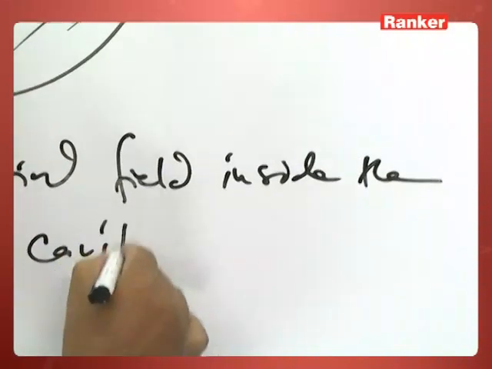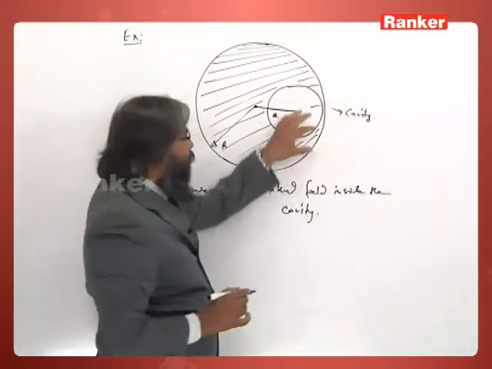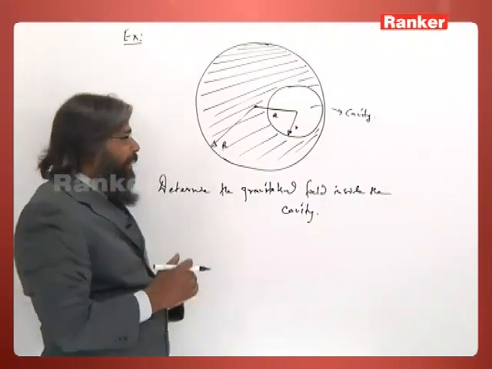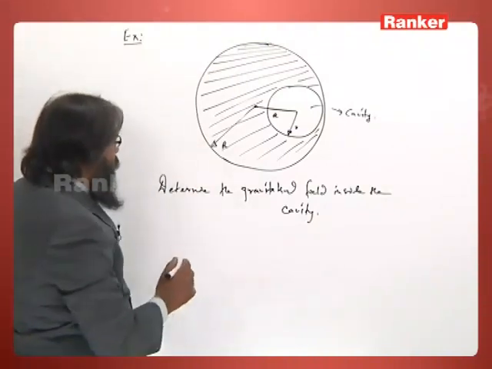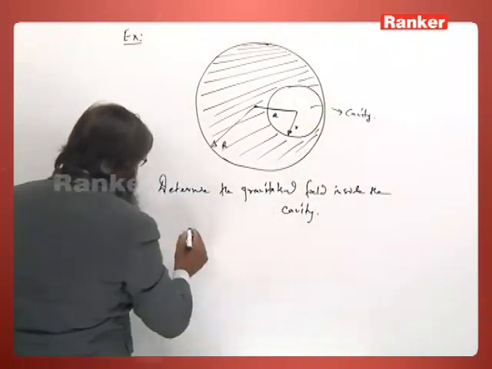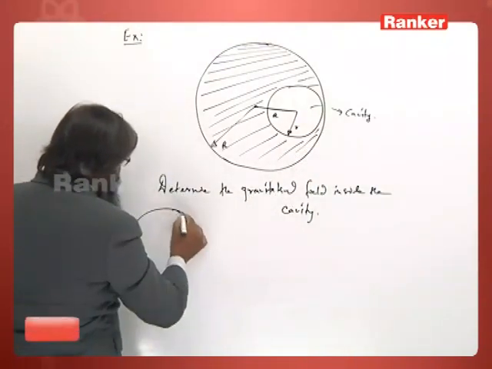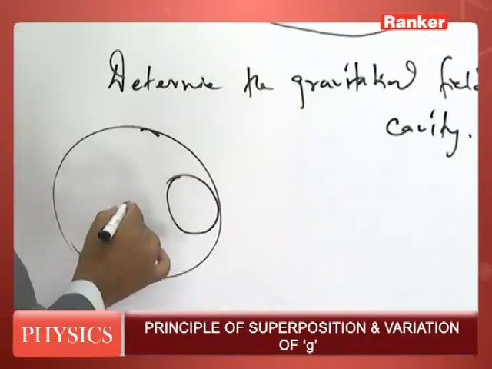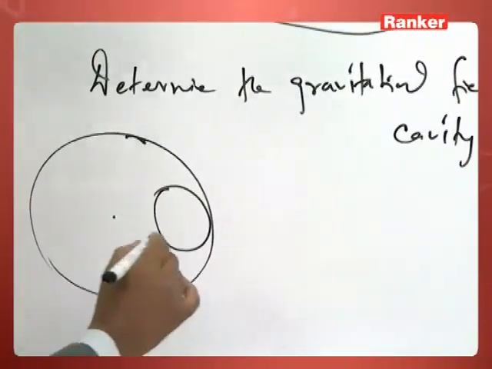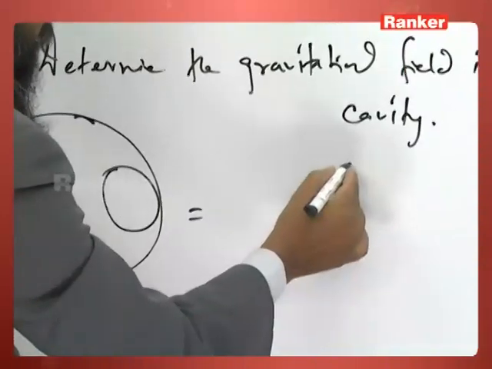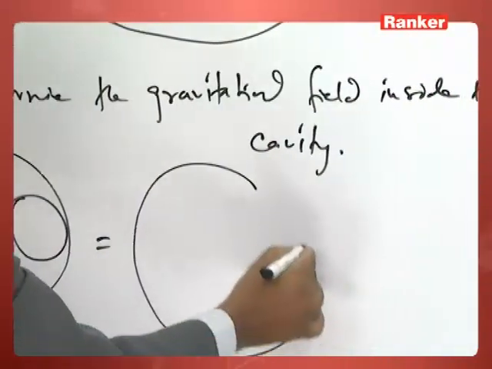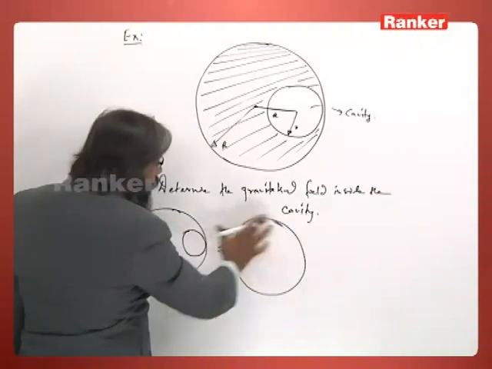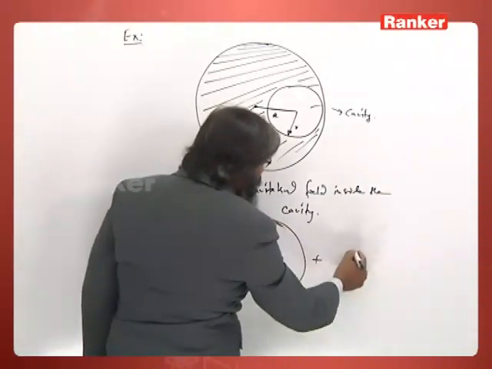So let us explore the field within this region. The basic idea we are going to use is that this mass with the cavity inside it is assumed to be the sum of a uniform ball plus another ball.